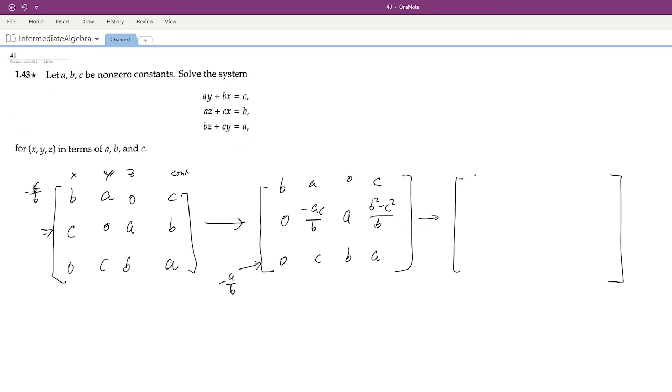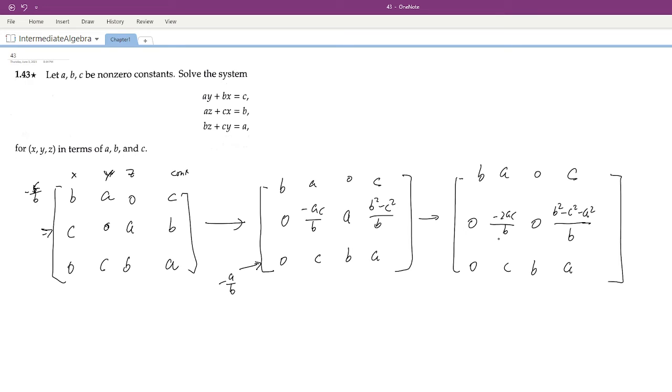So it's the B, A, 0, C, and this 0, C, B, A. Now adding, this one is 0, and this one becomes negative AC plus this is 2AC over B, right? And this one becomes A minus A is 0. Then this one becomes the B square minus the C square minus A square.